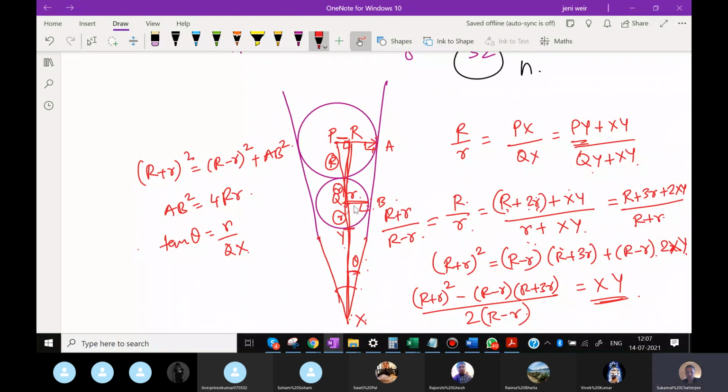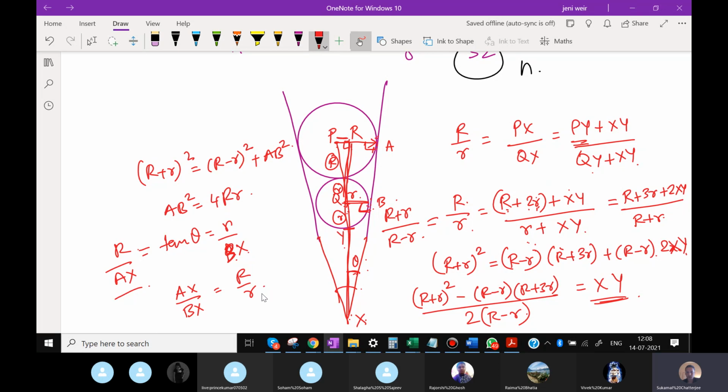Oh, no, sorry, my mistake. This is the right angle, here. r by BX, correct. r by BX is tan theta, and this is equal to capital R by x, right? Yes, sir. And from this, you get AX by BX equals R by r, right?